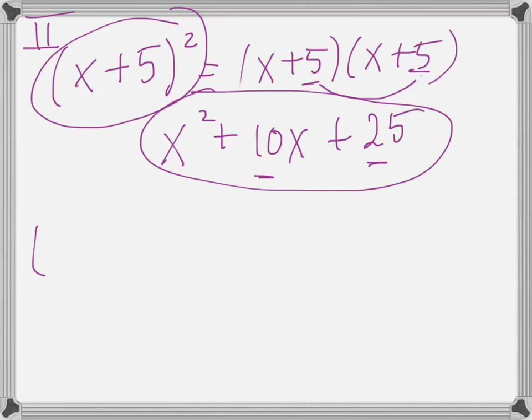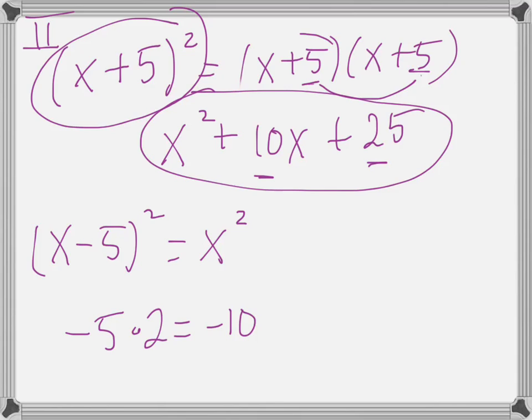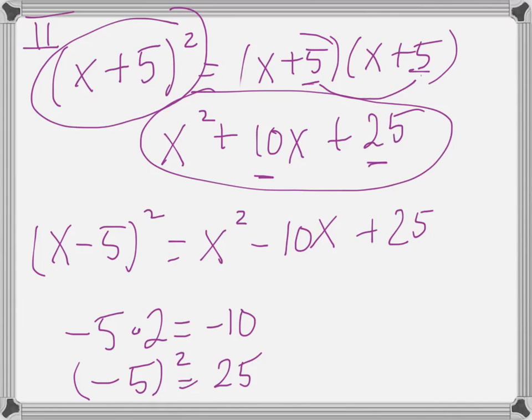So, for instance, if I had the next problem, which is x minus 5 squared, instead of the minus 5, I have a negative 5. So I have x squared, and I want to double negative 5. If I doubled that, I'd get negative 10, so I'd have negative 10x here. And then if I took negative 5 quantity squared, I'd have 25. So I'd have plus 25.